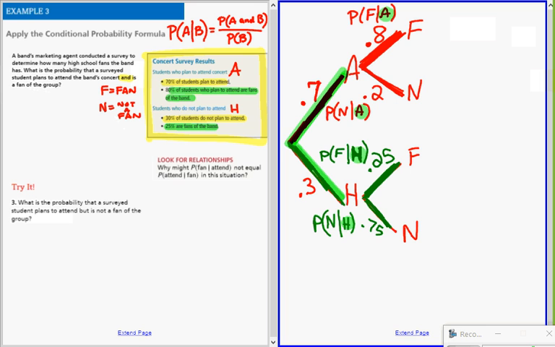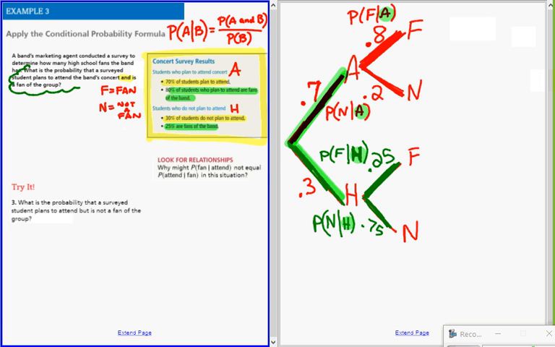Now what we're going to calculate using this tree diagram is we're actually going to go back and answer this question in example 3, right? It says, what's the probability that you are attending the concert and you are a fan? To find that probability, it's going to be the number at the very end of the tree. What do I mean by that?